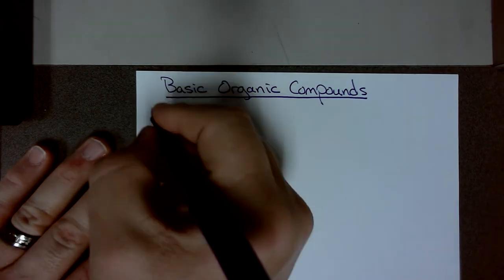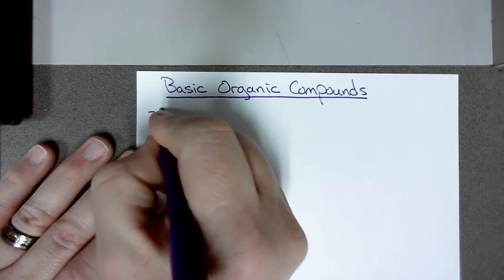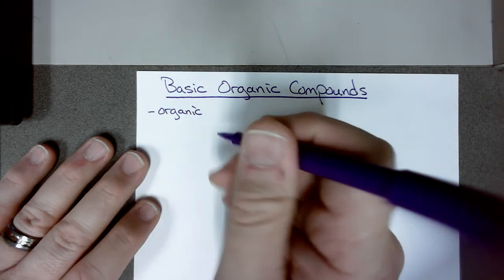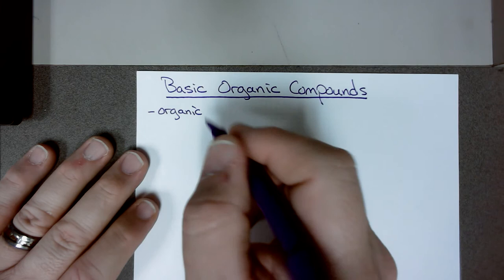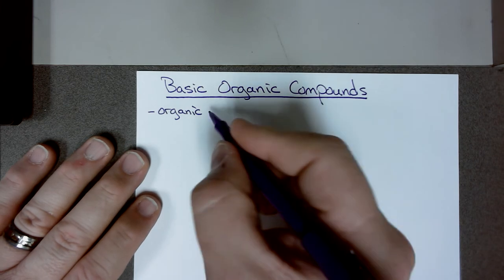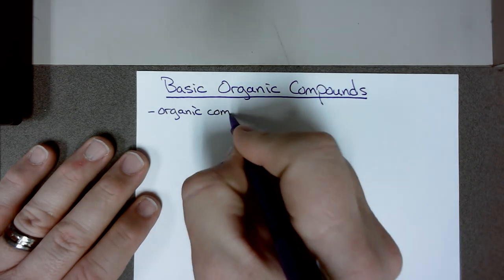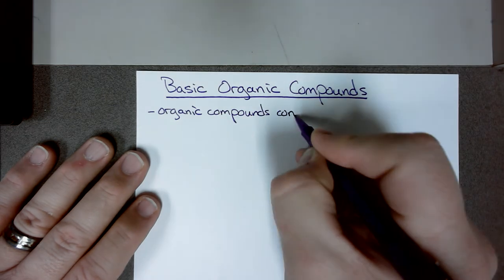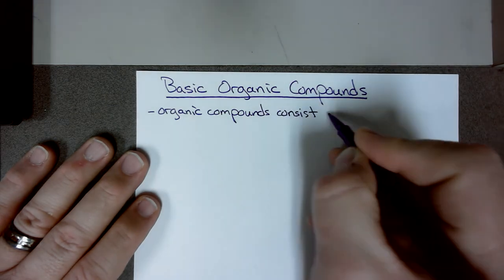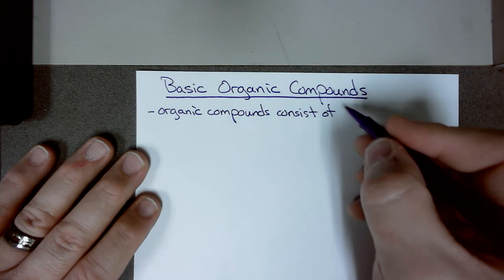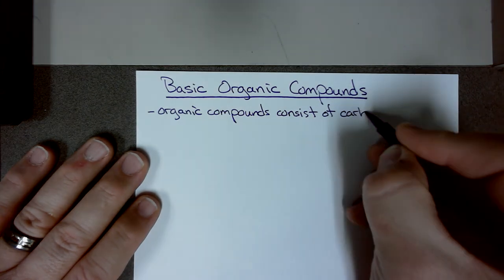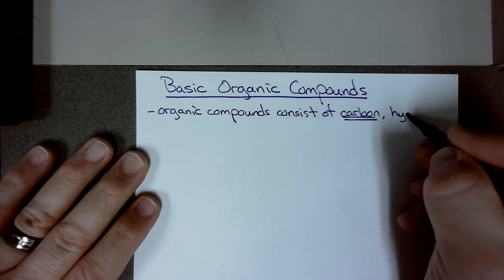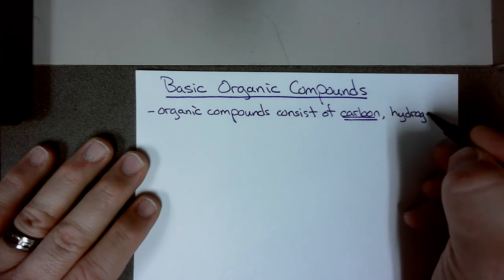Now an organic compound consists of carbon, hydrogen, and sometimes elements such as nitrogen or oxygen. So organic compounds consist of carbon, that's the most important element, carbon, hydrogen, and hydrogen is very important also, but not as important as carbon.